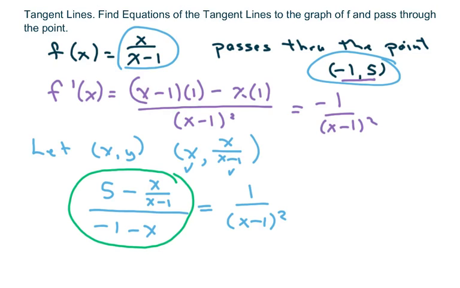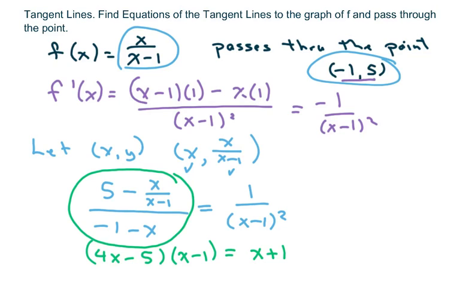Now, when you cross multiply, you take care of this part right here, and you're going to get 4x minus 5 times x minus 1 equals x plus 1. And that's just cleaning it up and getting your common denominator.